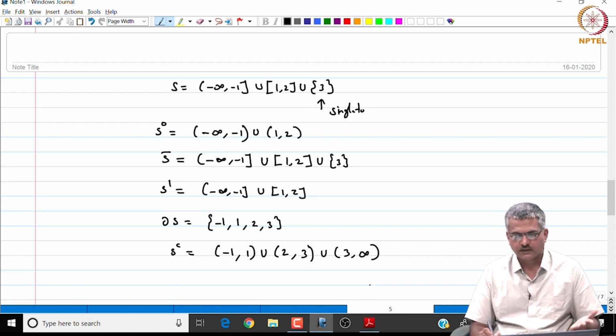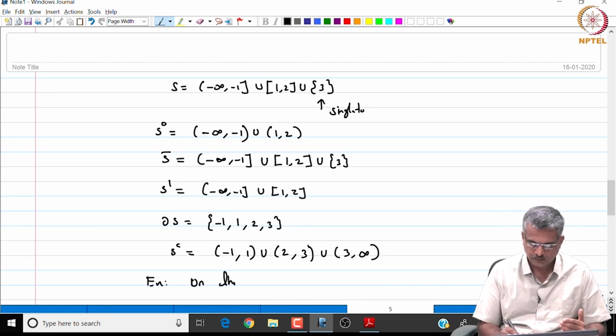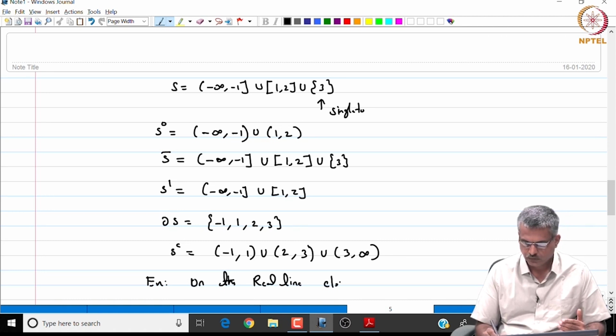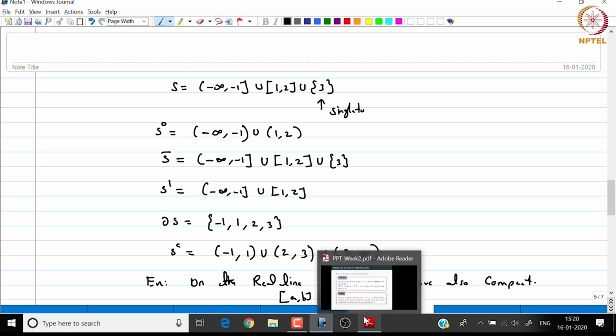In fact, on the real line, closed intervals are also compact.